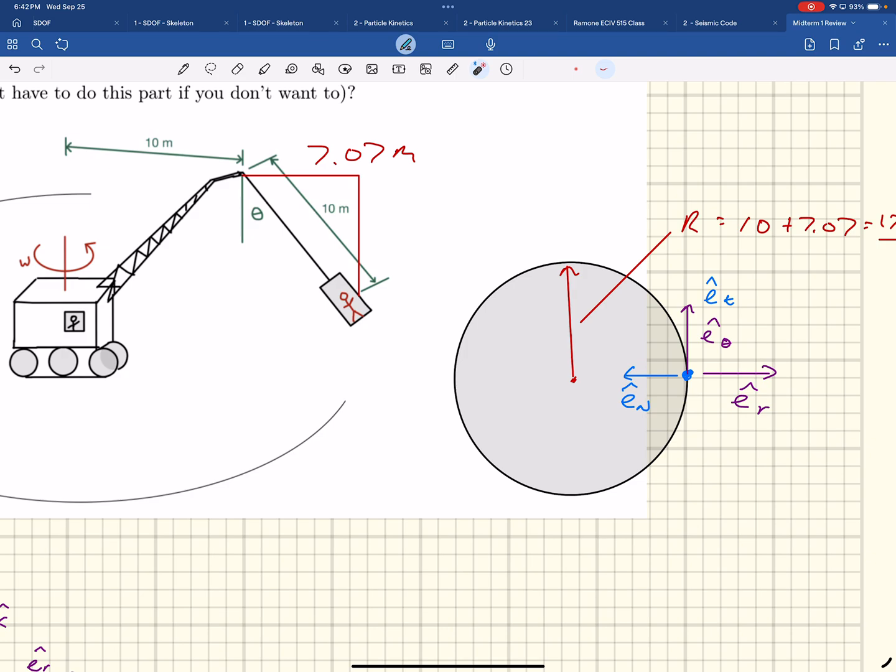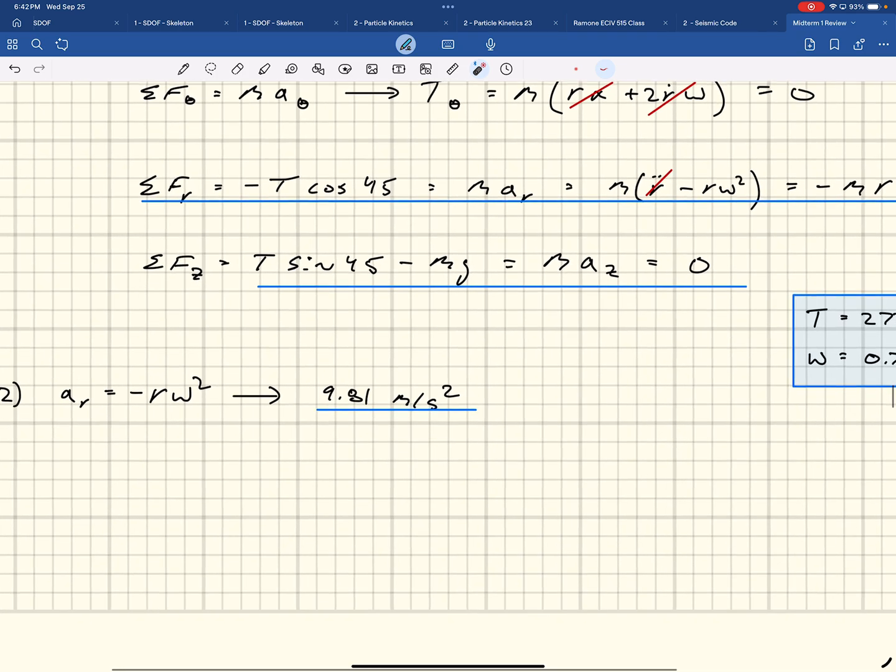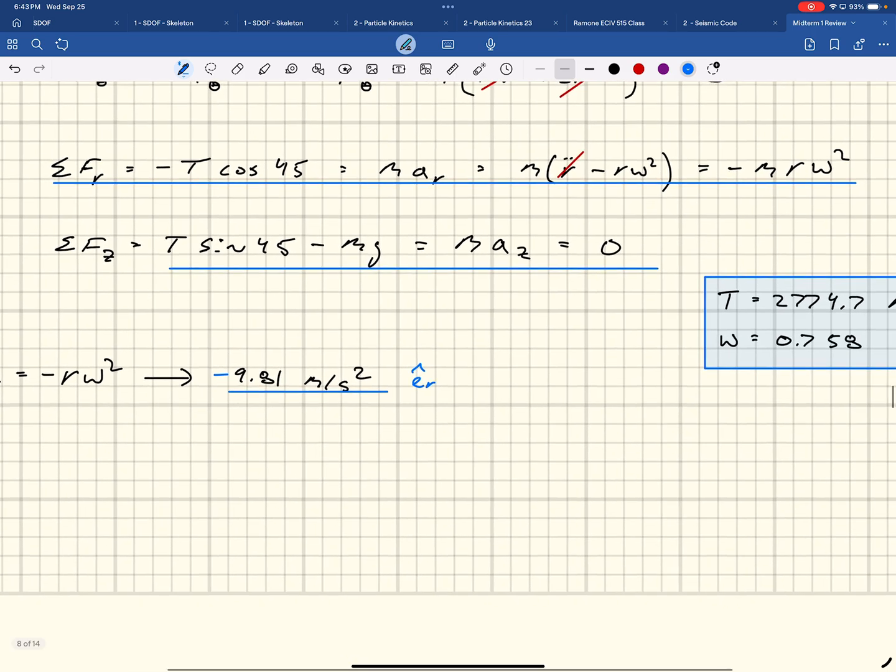Cool. So in your solution, you had it as negative 1g. I don't know if the negative is intentional or where that came from. Oh yeah, it is. I just left this negative. It is right here, this negative 9.81 meters per second squared in the ER direction. If you were working in normal-tangent, it would be a positive 9.81 in the normal direction, relative to your coordinate system.